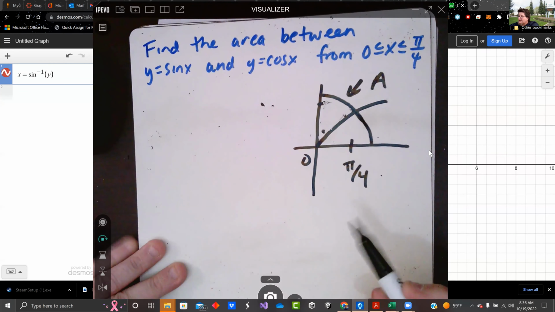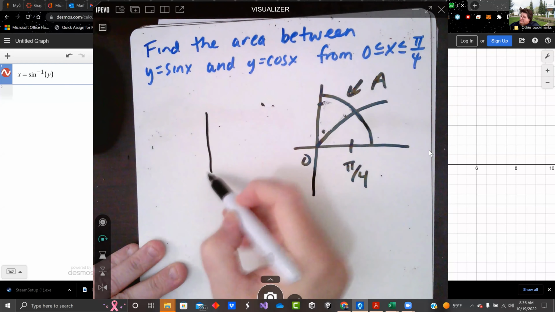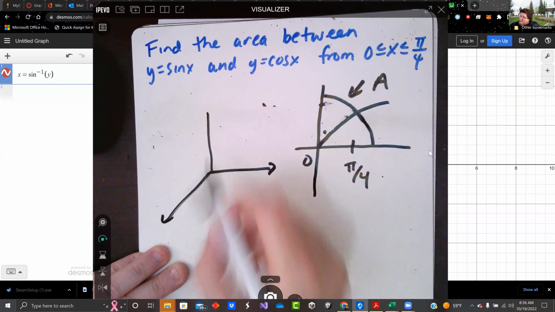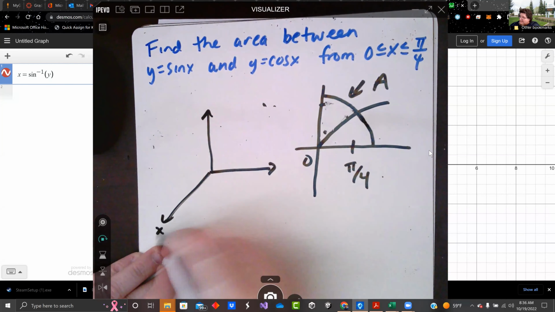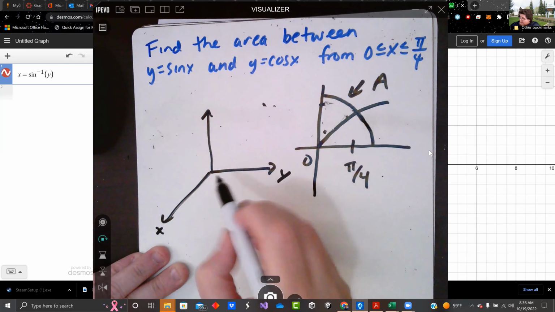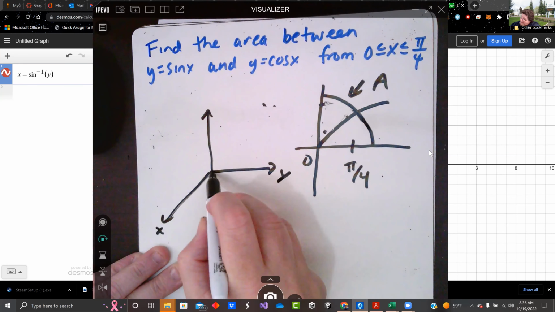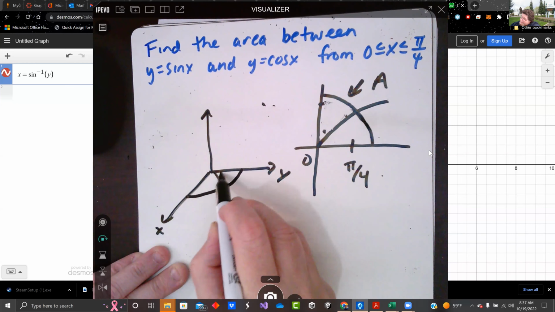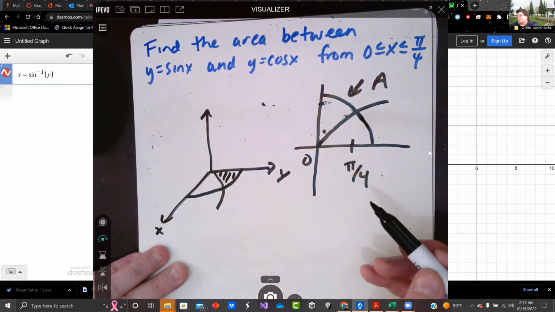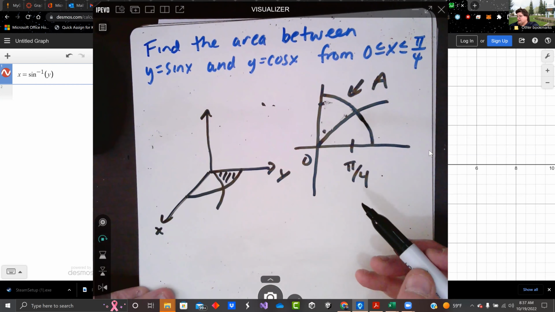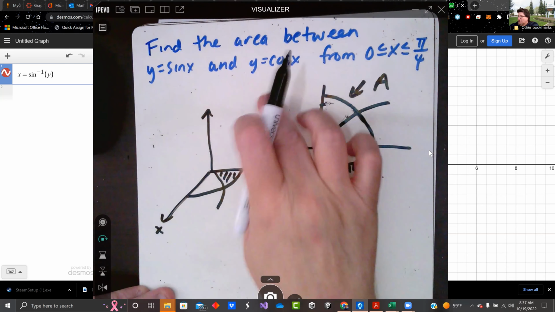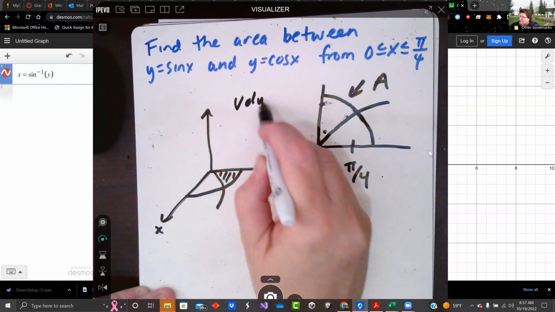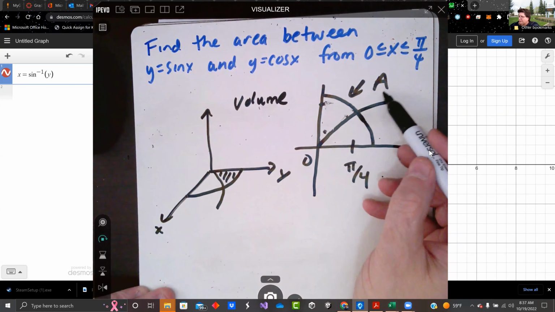Let's treat this as a three-dimensional figure. This is my x, this is my y. So I have a curve like that and a curve like that, and we're doing this region right here. And we could treat it as a volume rather than area, but we don't want volume, we want area.